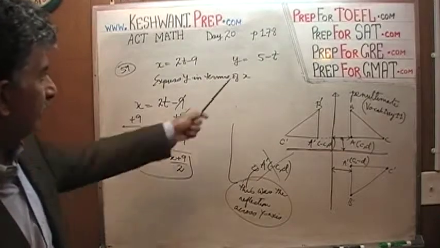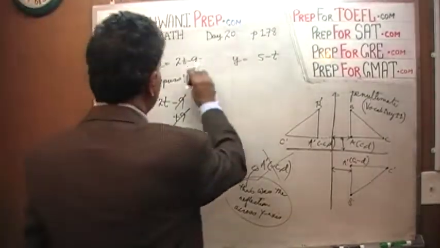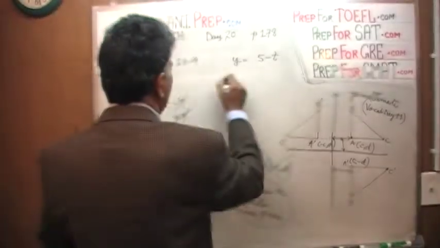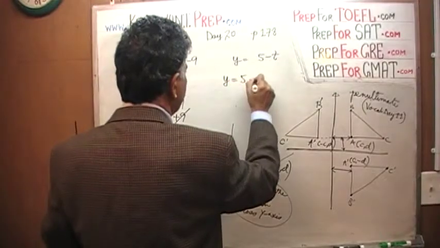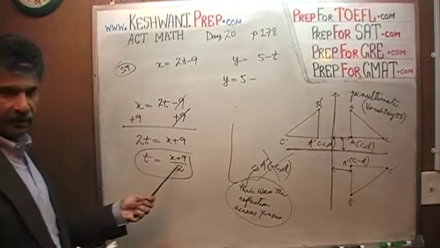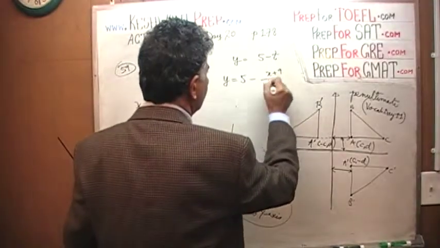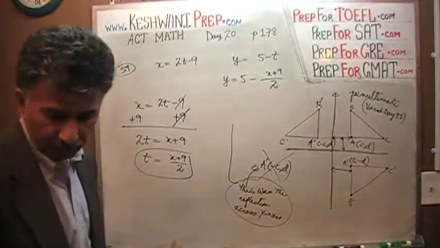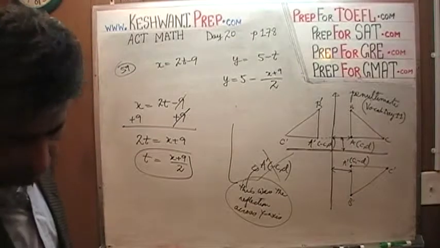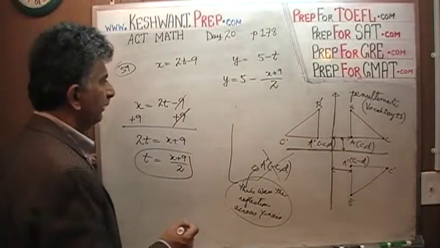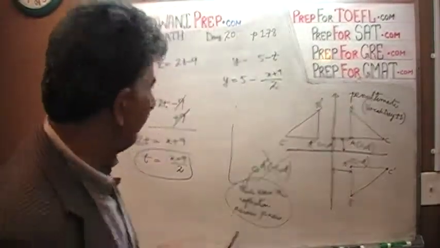So we'll put this value in there. y is equal to 5 minus t, which we know is (x plus 9) over 2, and we just have to simplify it, that's all. So find the common denominator.